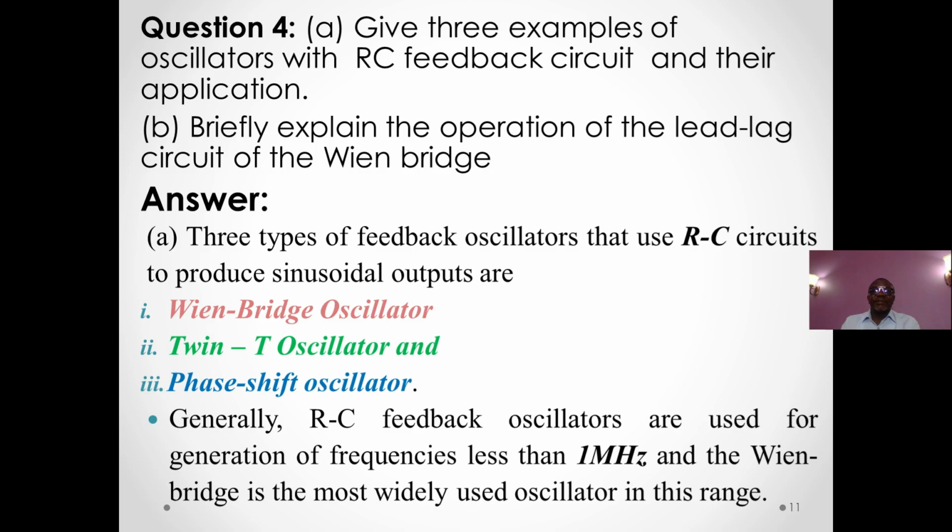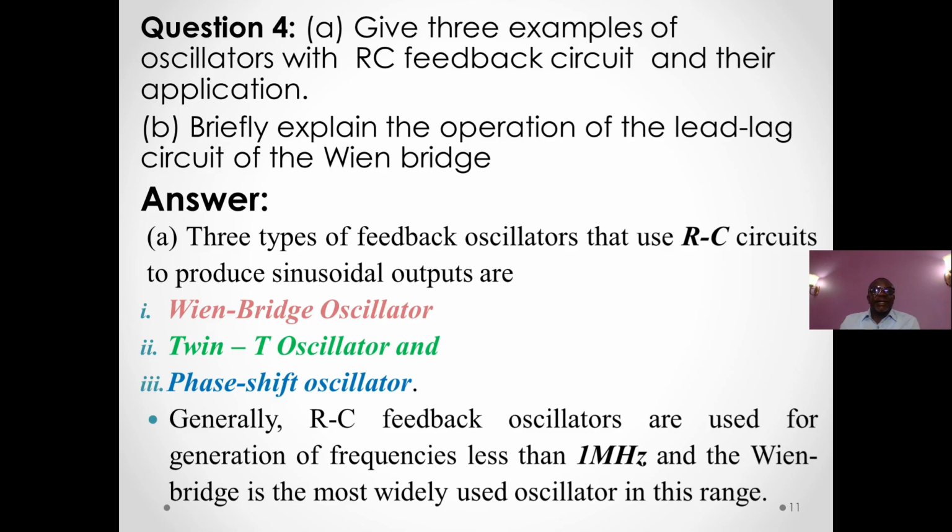Question 4 says, give 3 examples of RC feedback circuit oscillators and their applications, and B, briefly explain the operation of the lead-lag circuit of the Wien bridge.